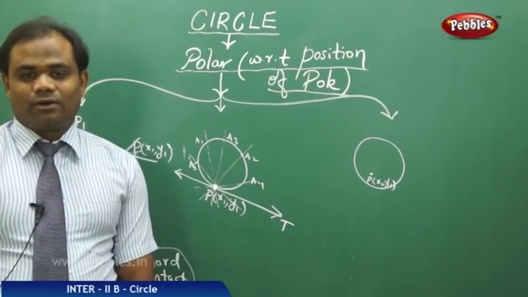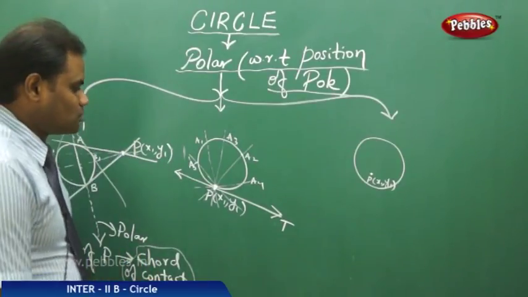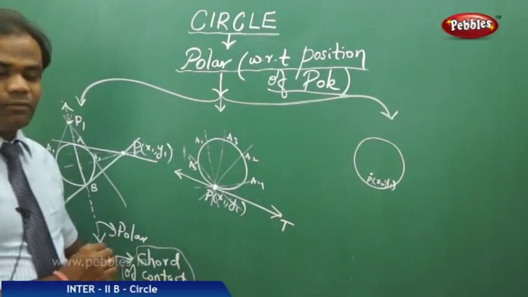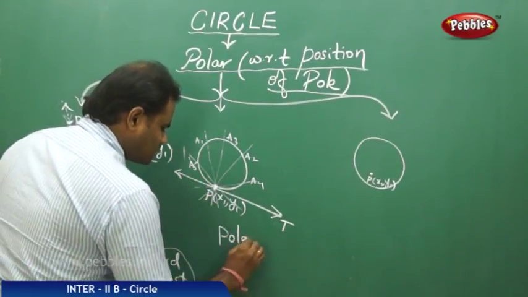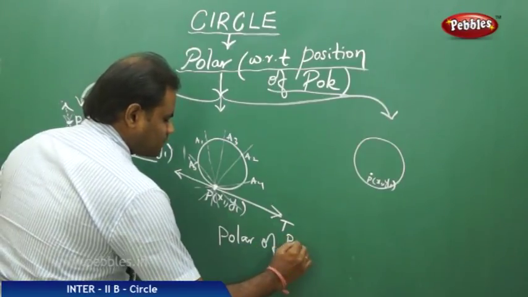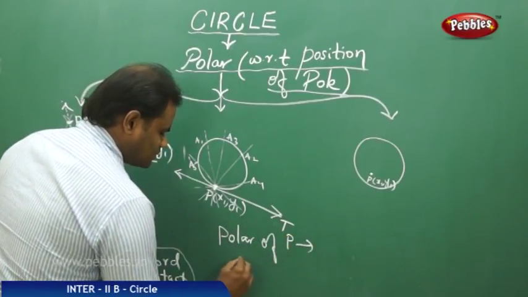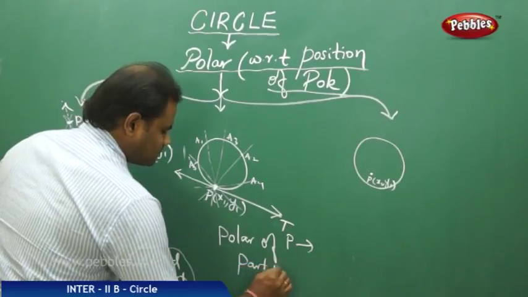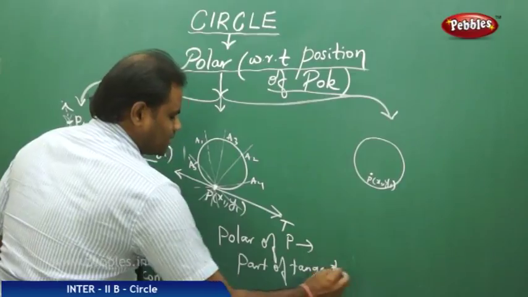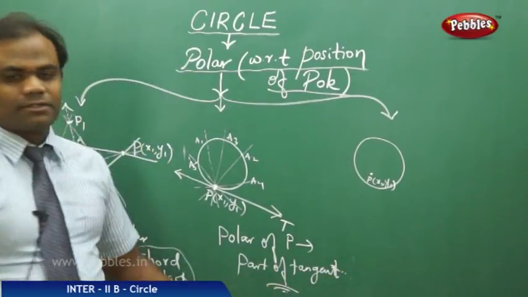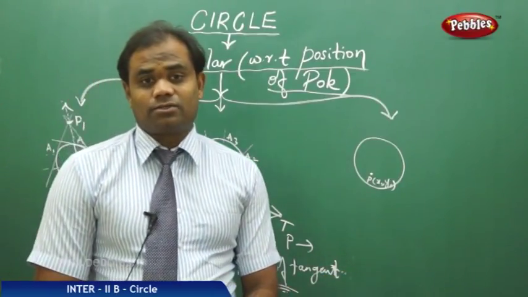That is, they are coinciding with the tangent. So in this case where P lies on the circle, the polar of P is nothing but part of the tangent, or we can say it coincides with the tangent. That is how we understand case 2.